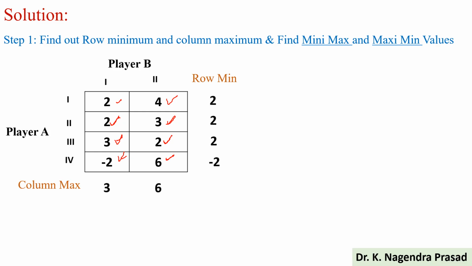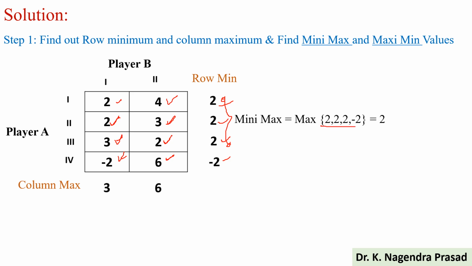Next we have to find the minimax and maximin values. First we look for the maximin value. Among the minimum values we have to find the maximum value. The minimum values are 2, 2, 2 and -2. Among these, the maximum value is 2.